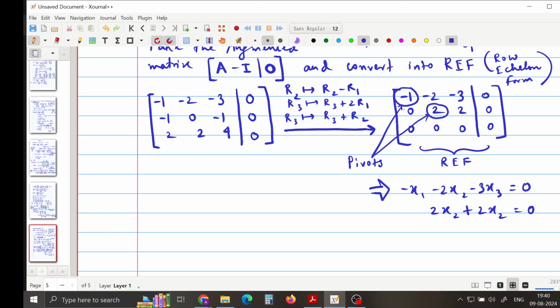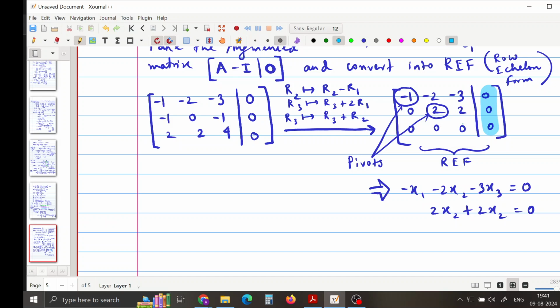The way to check for consistency is that there should not be any pivot in the last column of the row echelon form of the augmented matrix. See, this is our last column, and it does not have any pivot entry. If this entry had been non-zero, then the last equation would have been 0 equals some non-zero thing, which is absurd.